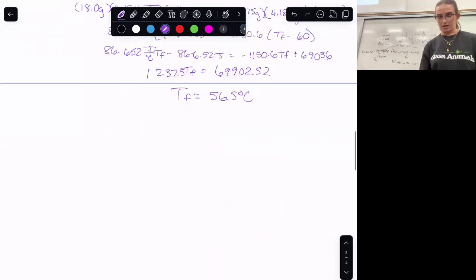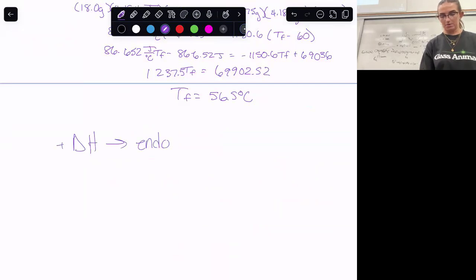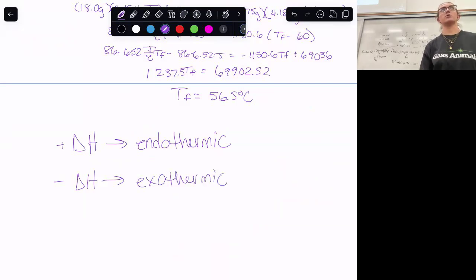So we always know that a positive delta H is going to be endothermic, and a negative delta H is going to be exothermic. Does anyone know what the universe prefers, an endo or exothermic reaction? Exo. So the world prefers exothermic.